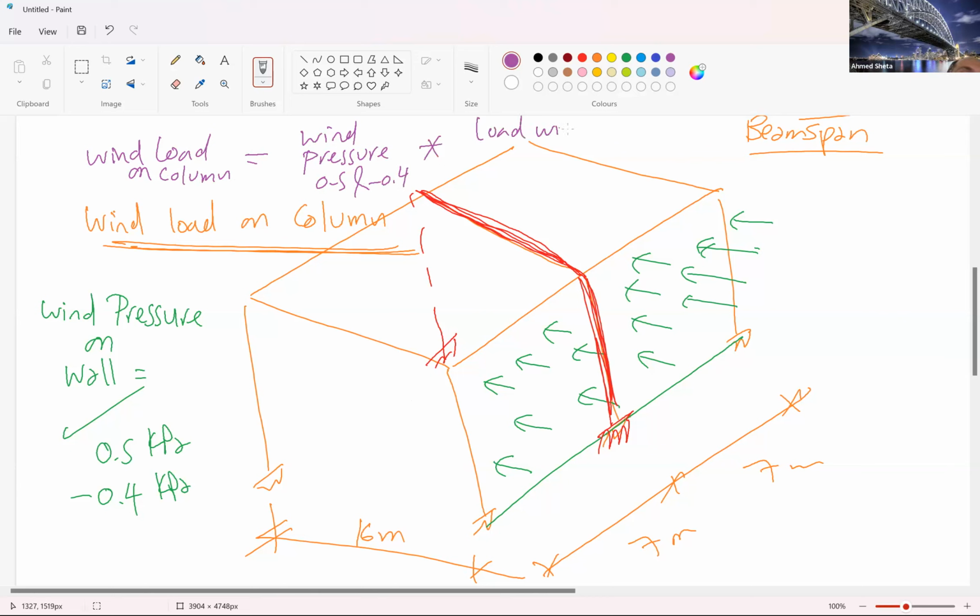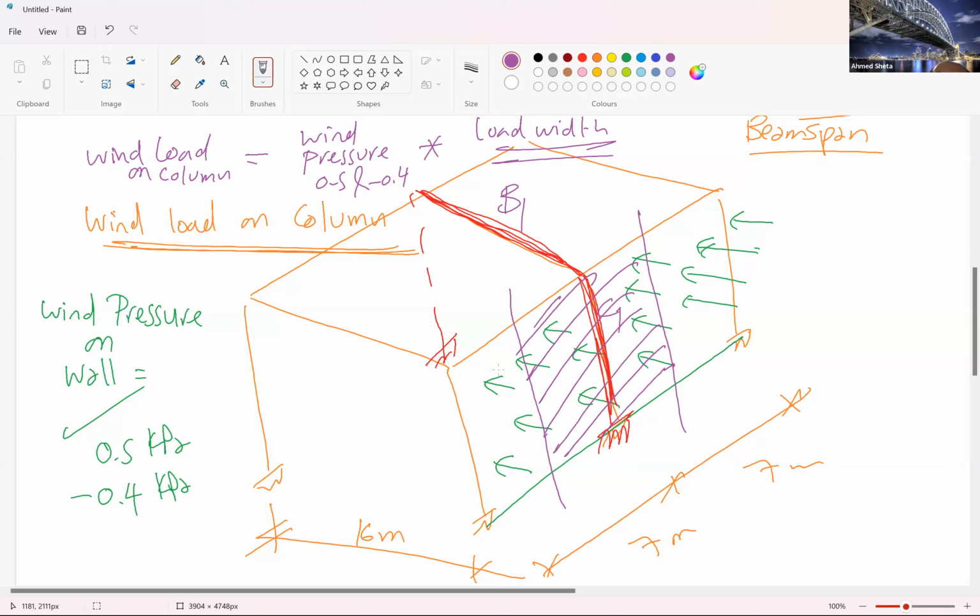What is the load width of the column? It's one bay spacing as well, the same. So similar to B1, C1 will carry the same load width. It is the bay spacing, which is 7 meters.